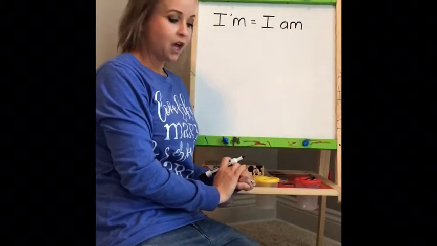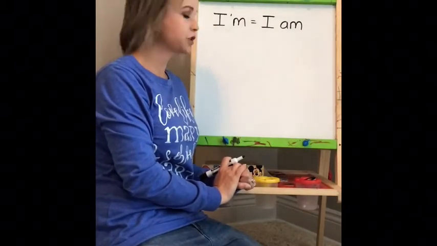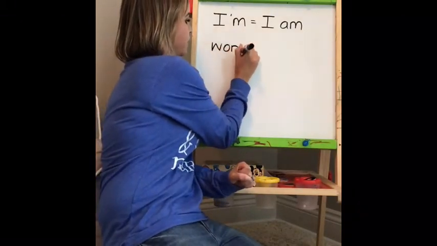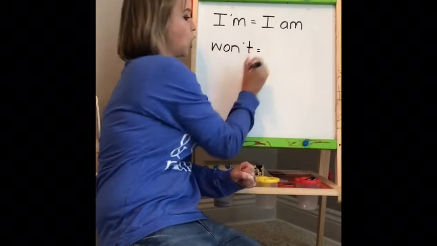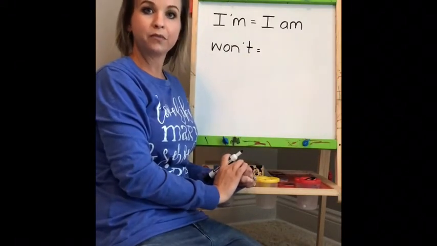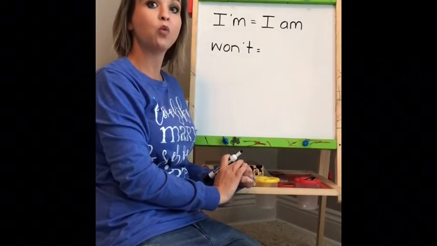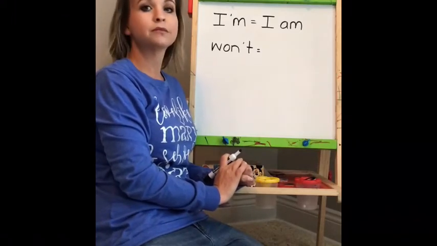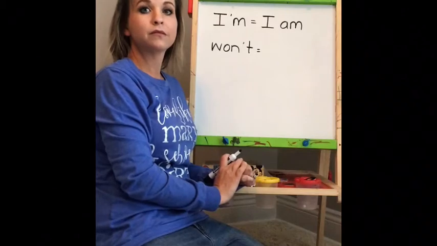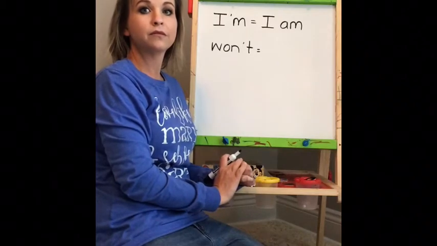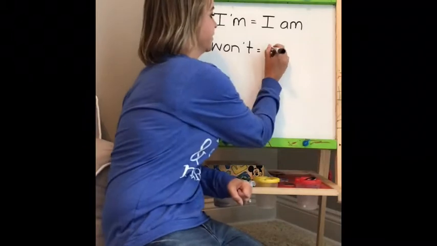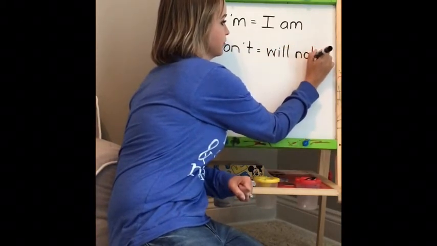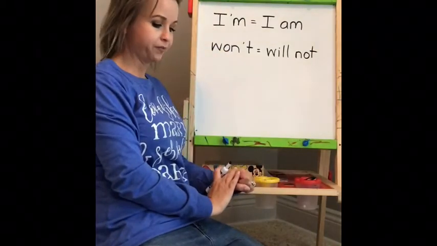Awesome. Okay, what about the word won't? What two words make up the word won't? I want you to write them down. Will not. Very good. Will not. Check your work.